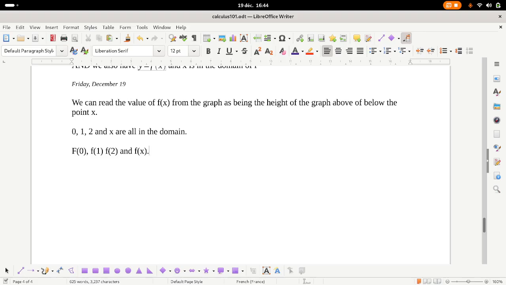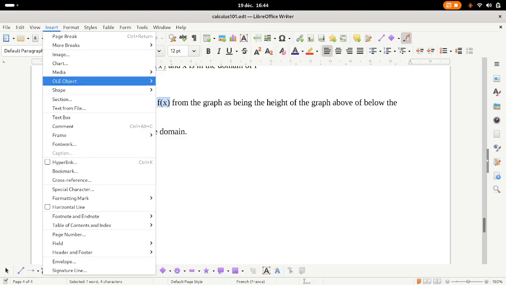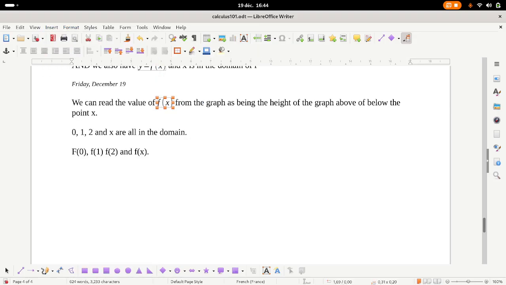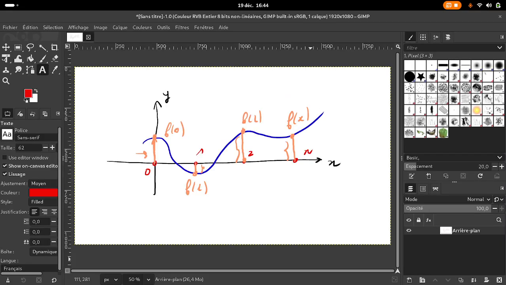We can read the value of f(x) from the graph as being the height of the graph above and below the point x. Et voilà.